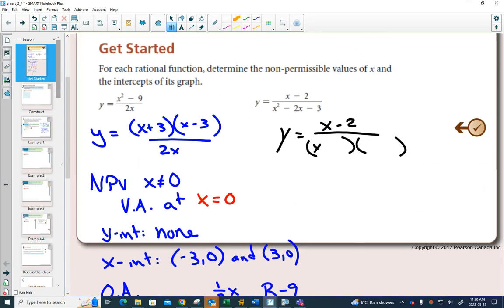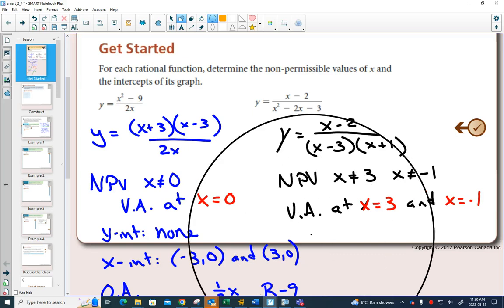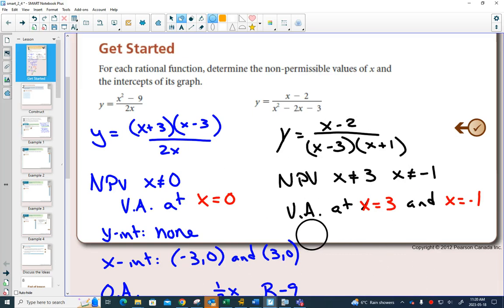The bottom factors to x minus 3, x plus 1. So we have non-permissible values: x can't equal 3 and x can't equal negative 1. They don't cancel out, so they become vertical asymptotes.